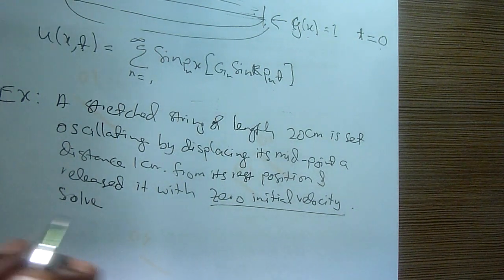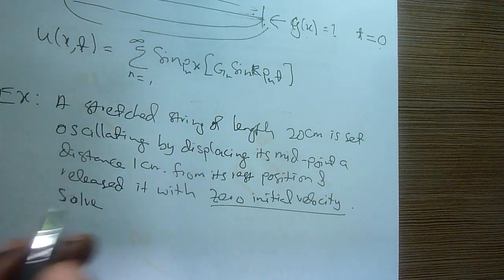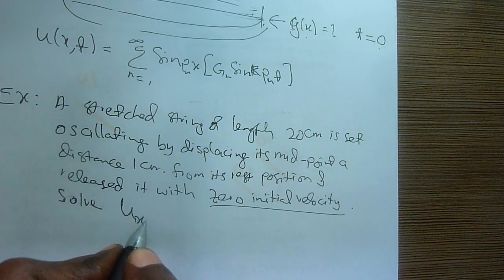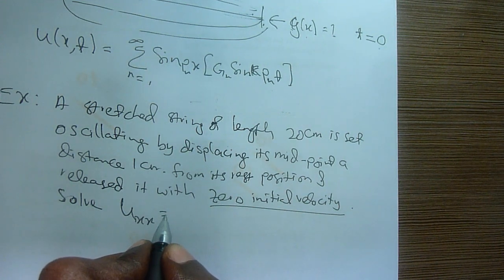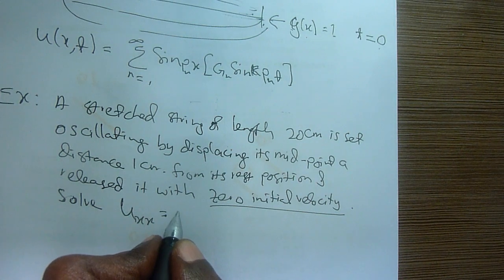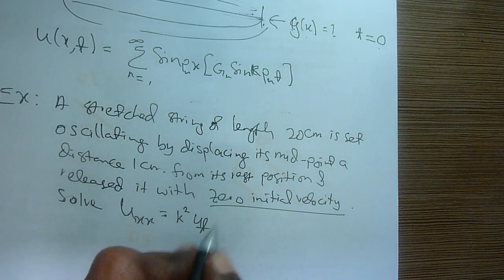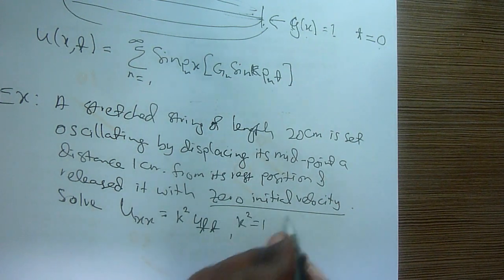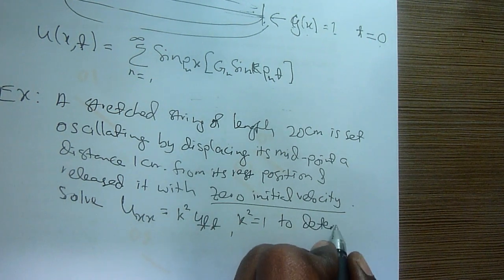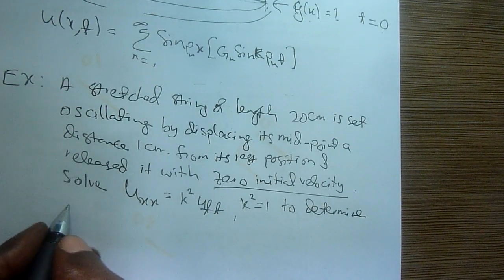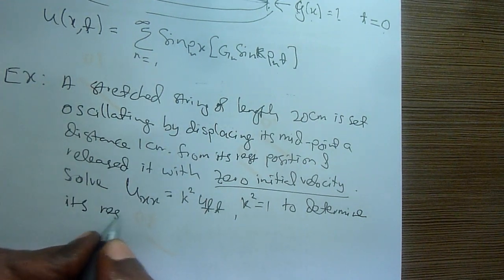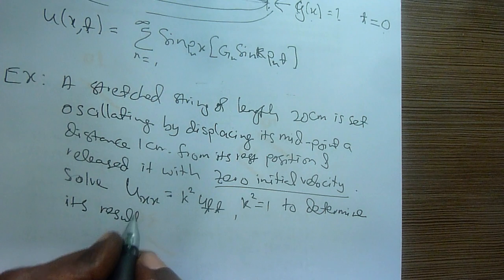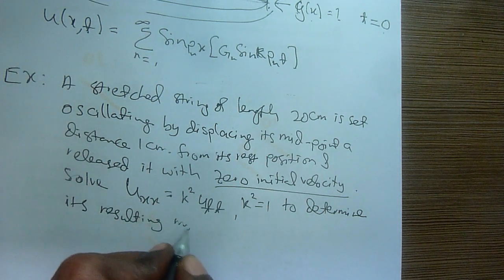They never give you the wave equation. Sometimes they will give you the equation, but sometimes they won't. Let's say it is given. I change the k position here: utt with the k. A little bit of solving, to determine its resulting motion.